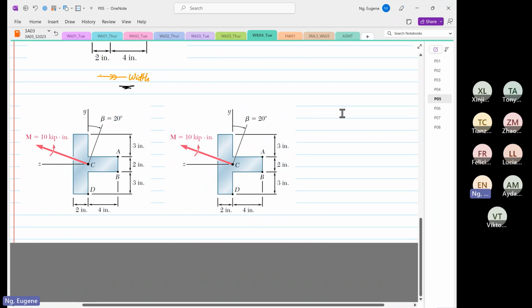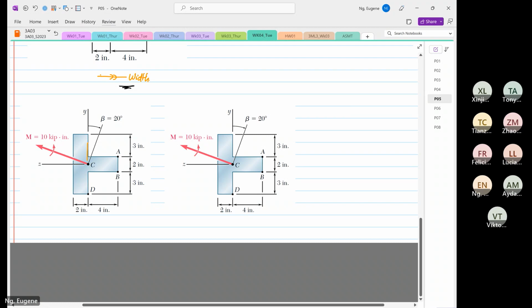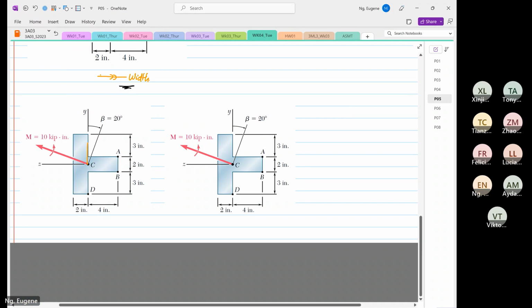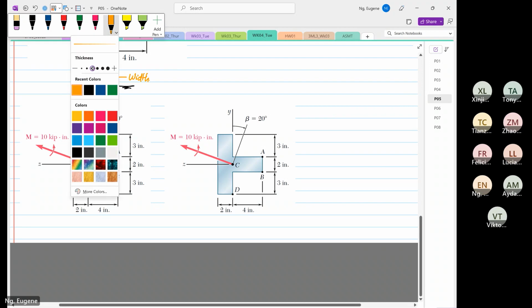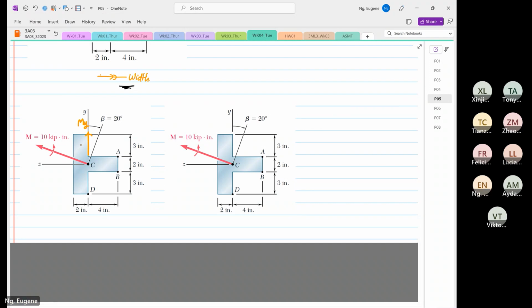So over here, we are going to do, let me have a thicker pen. We are going to have moment about y, right hand rule, compression, tension.